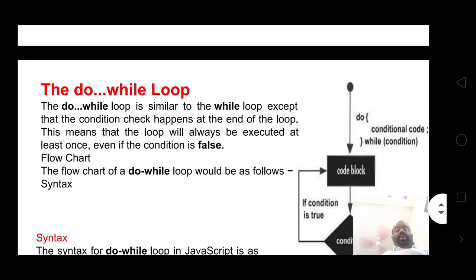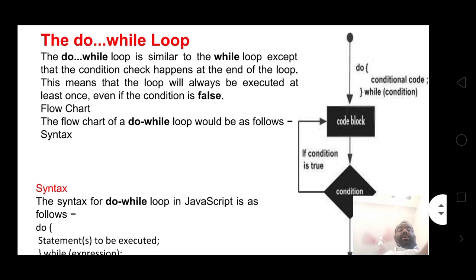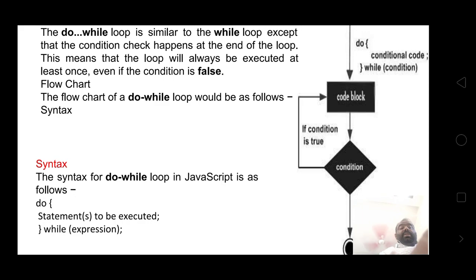Here is do while. While and do while are the same, but here the code block always executes at least once, even when the condition is false. The first code block is executed, then the condition is checked.